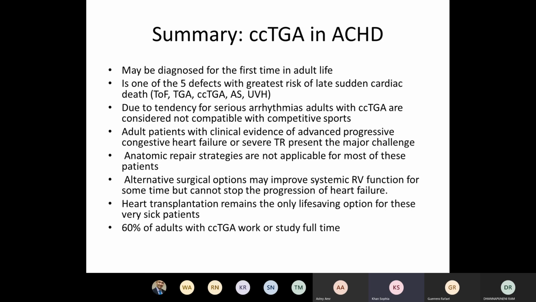I think there is not an insignificant, about 10 to 15%, who come with LV dysfunction, regardless of whatever you do. So the next step is to actively retrain the left ventricle. But it's not an easy group to manage.